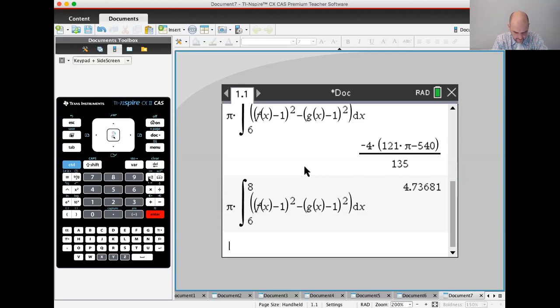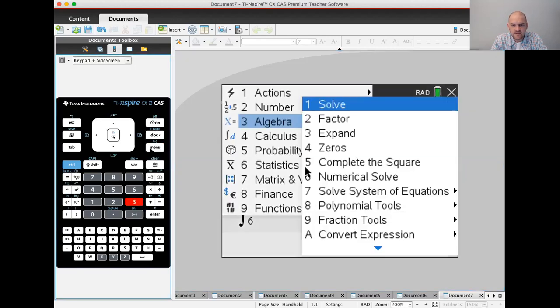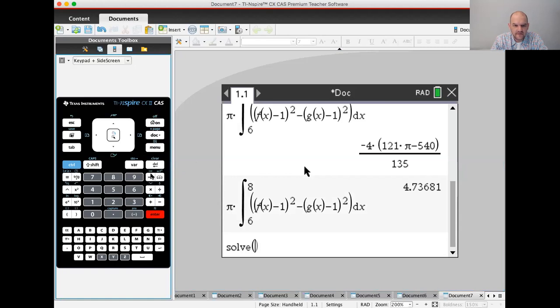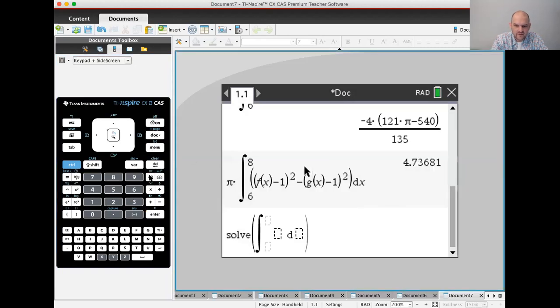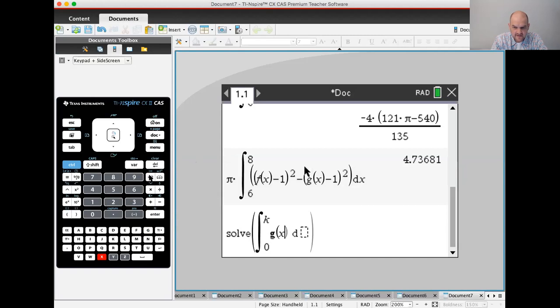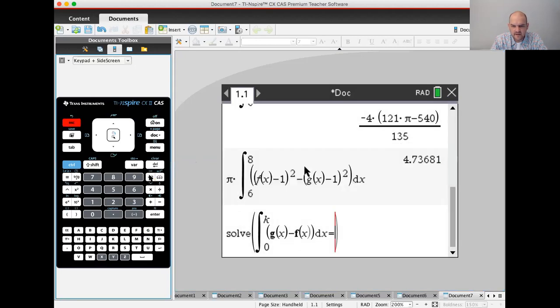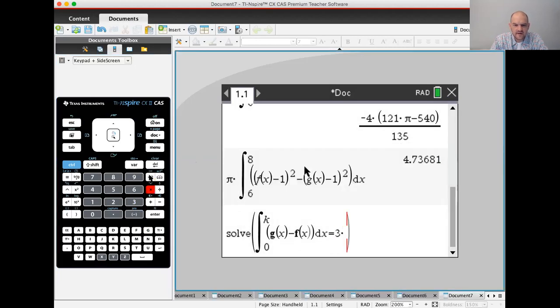All right, let's see. I want to solve an equation: menu 3, enter, and the equation is going to be the integral from 0 to k of g of x minus f of x with respect to x is the same as 3 times the integral from k to 6 of g of x minus f of x dx, and then we want to solve for k.